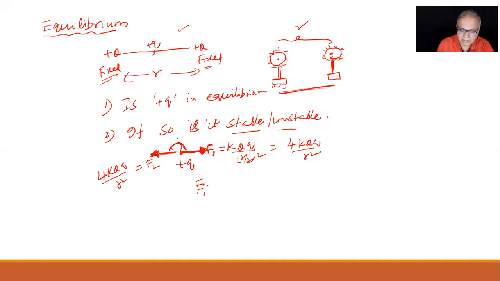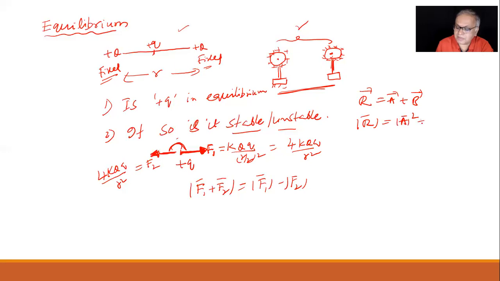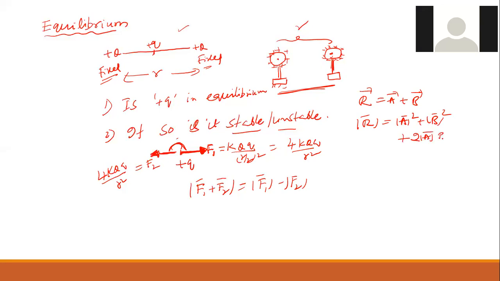So mod of F1 bar plus F2 bar should be equal to mod F1 minus mod F2. Isn't it so? Do you remember a formula? Cosine formula, children? Tell me, if R bar equals A bar plus B bar, mod R equals how much? Under root, mod A square plus mod B square plus 2 mod A mod B cos theta, or I write square here.